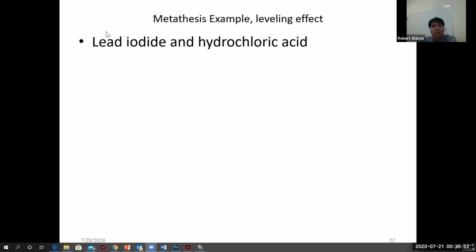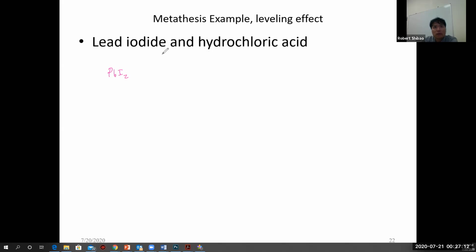This is lead iodide. If it's not specified, lead 2 is much more common than lead 4. So if somebody says lead iodide, most likely they're talking about lead 2, not lead 4. Lead 4 is much more rare in comparison. And so lead iodide would be lead 2 iodide, PbI2. And hydrochloric acid is HCl here.